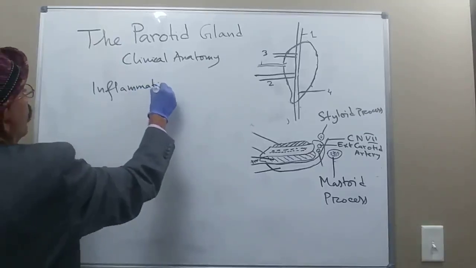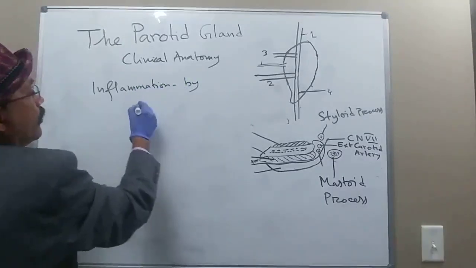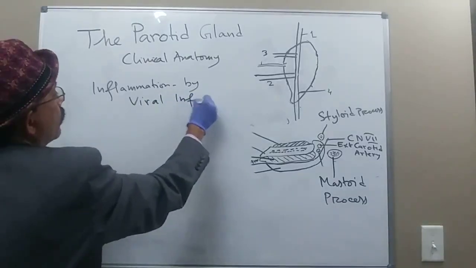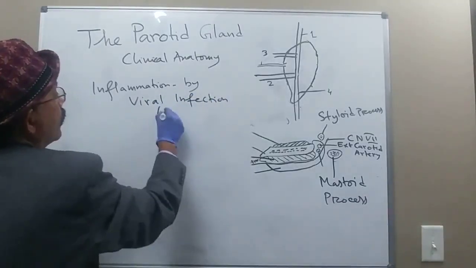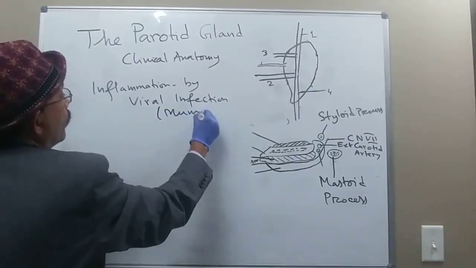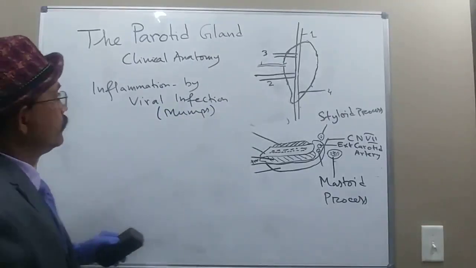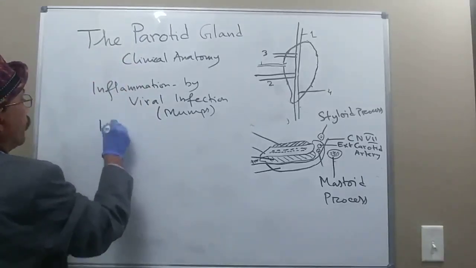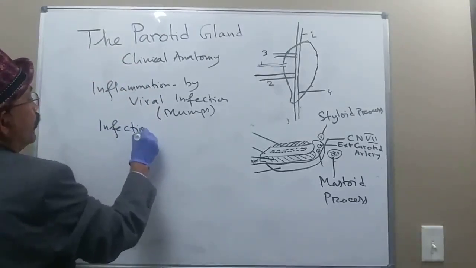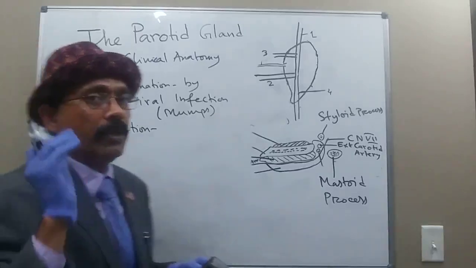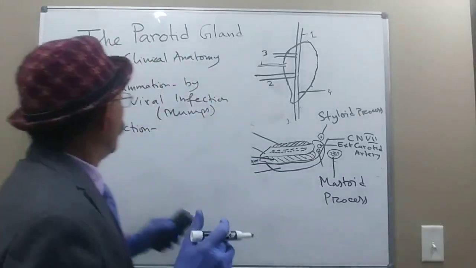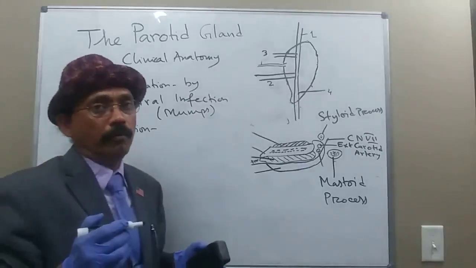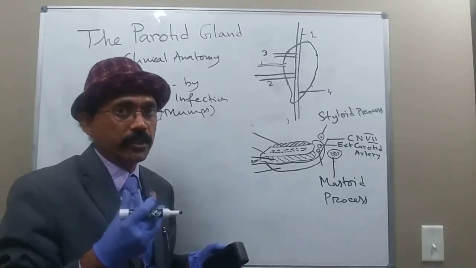It may be caused by a viral infection like mumps. There may also be infection due to trauma, from the blood, or from the mouth cavity due to bad oral hygiene.